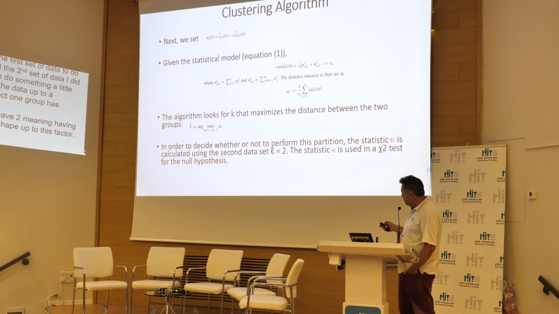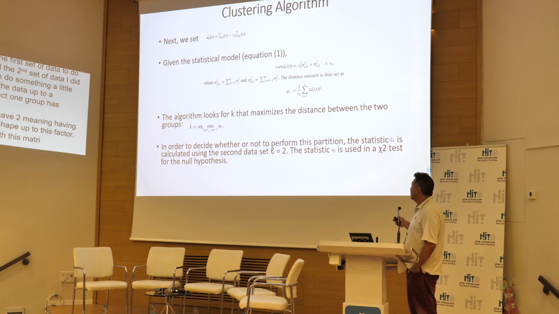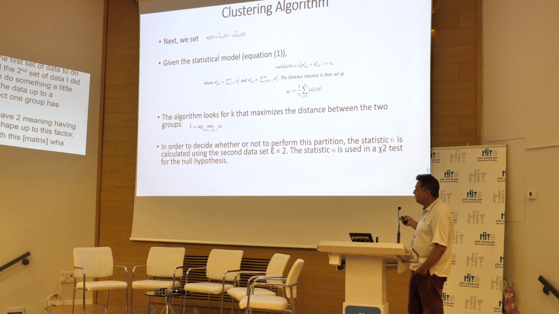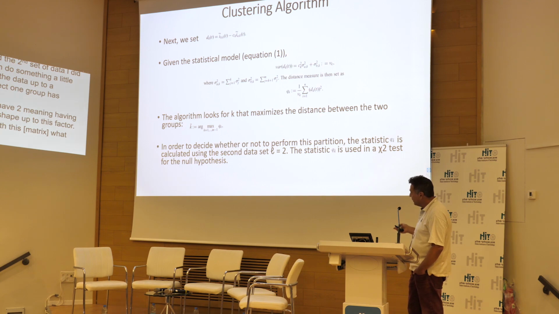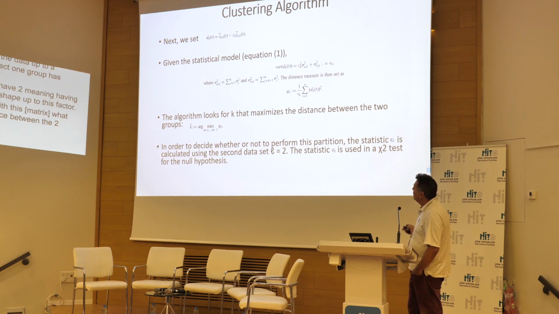And then you come up with this matrix that is not so important, and again, we don't have time. And then we just look at what maximizes the distance between these two groups, okay? And then with the second set, what I use this statistic and the chi-square test for is to test your null hypothesis, and then you know whether to partition or not.